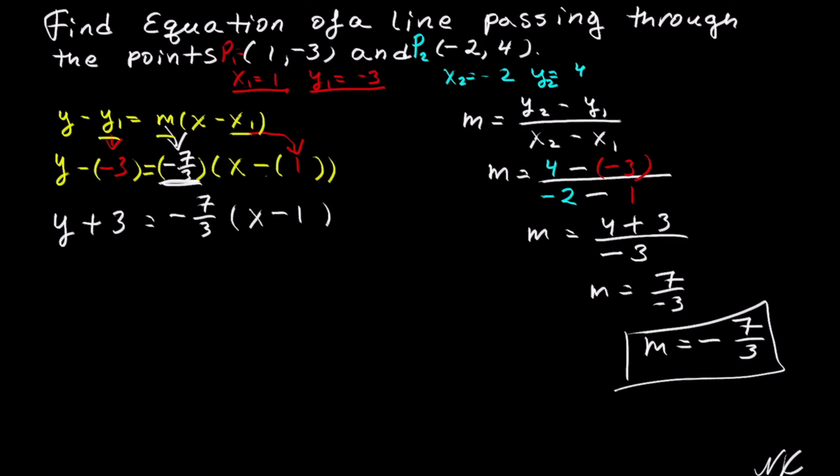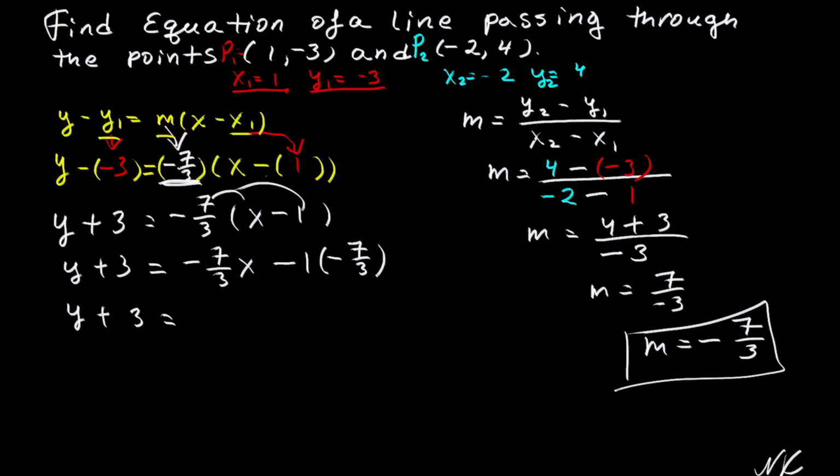Close the parentheses. Now we can distribute this -7/3, and we have y plus 3 equals -7/3 x minus 1 times -7/3. So we get y plus 3 equals -7/3 x. Negative 1 times -7/3, we get plus 7/3.